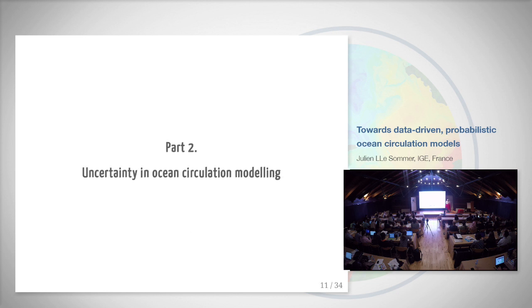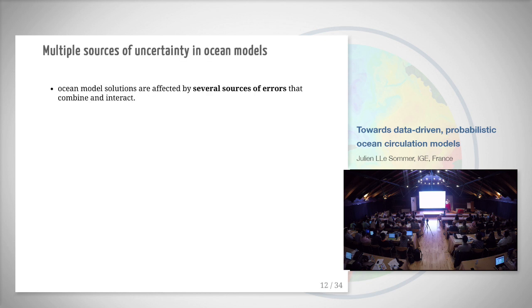Okay, so we're just talking about uncertainty, saying that stochastic modeling allows to deal with uncertainty, but maybe we should describe a bit more what it is we're talking about when we talk about uncertainties in ocean circulation models. Okay, so there are actually several sources of uncertainties, several sources of errors in this discretized representation of ocean dynamics.